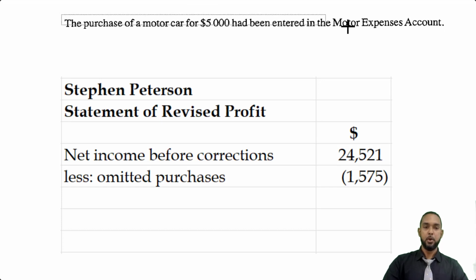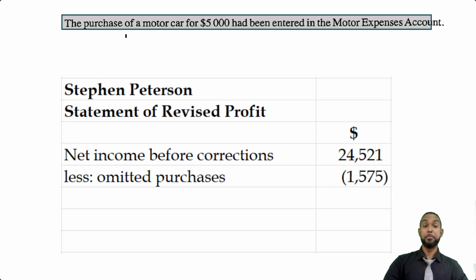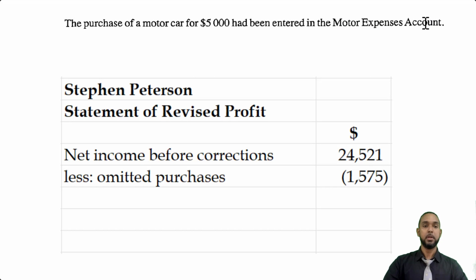Okay, next, we have the purchase of a motor car for $5,000 has been entered in the motor expenses account. Okay, so the motor car was $5,000. That should have been debited to motor car as an asset. We put it in the expenses account in error. So it means that the expense account balance was too high, which means we took away too much in the calculation of profit, which means profit is too low.